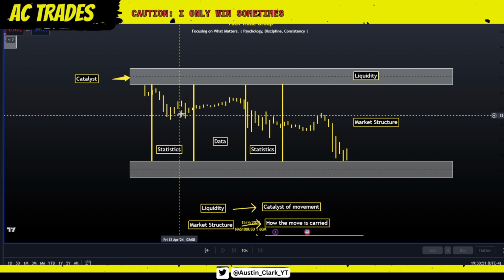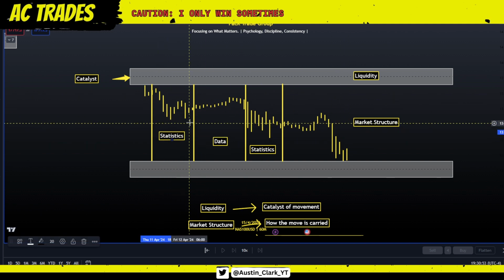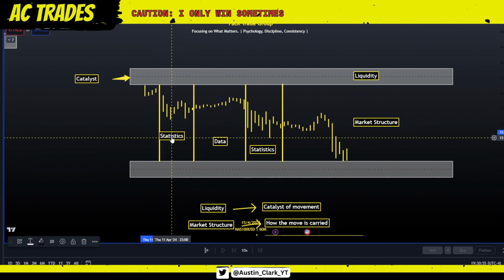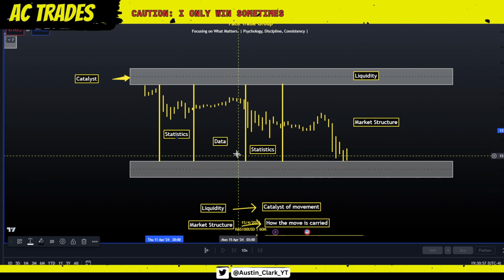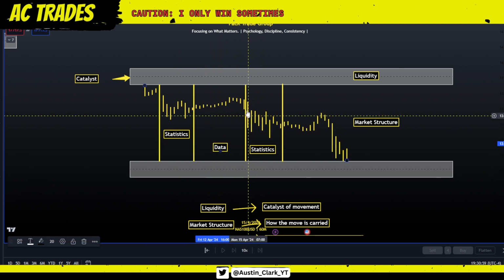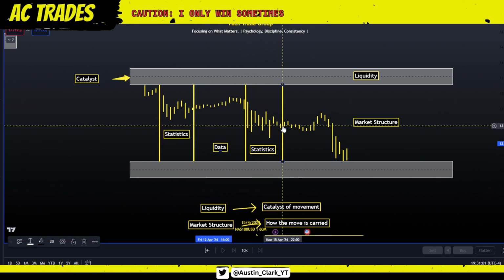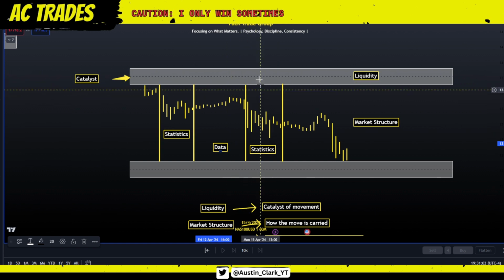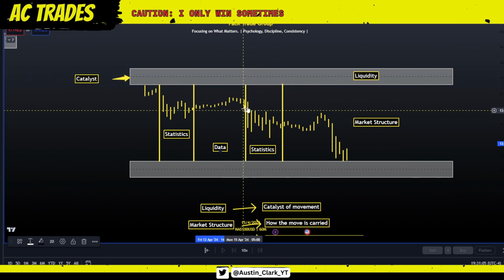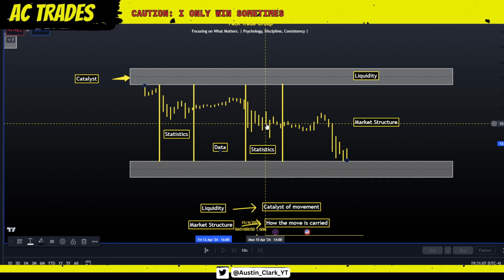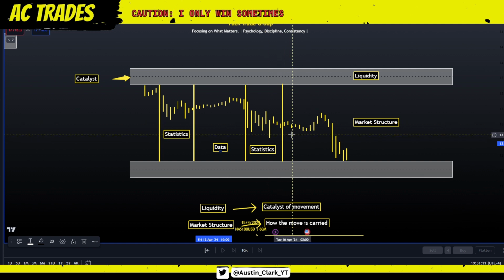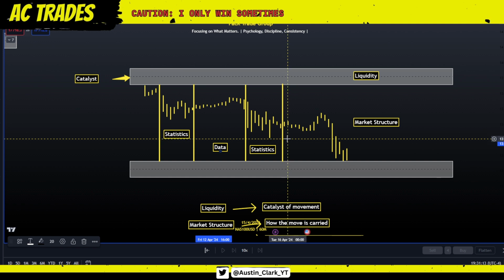So in this market structure, I'm taking small little chunks of structure and I'm finding statistics around them, right? And that's the data. How can I be very proficient at finding where the catalyst is going to be, an area of time that has a high statistical probability, and then point B, the end result, where price is going to be delivered.